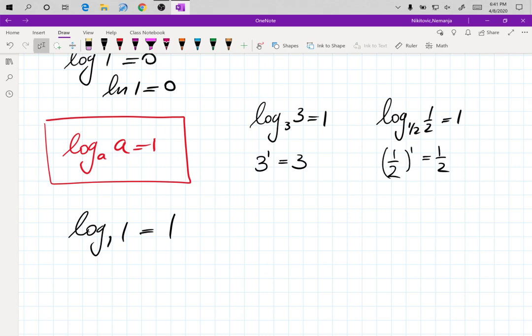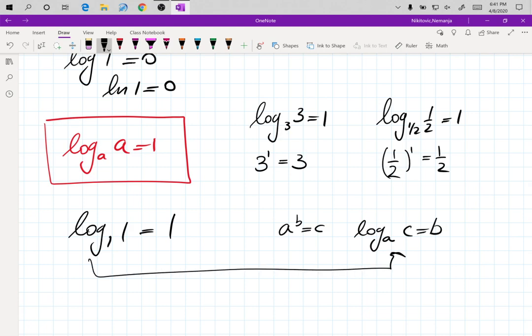Why? If this is your log of b of a, well, let's write the conversion aside. A to the b equals c, log a of c is b. So when you compare these two, you get that a is equal to 1 and c is equal to 1.